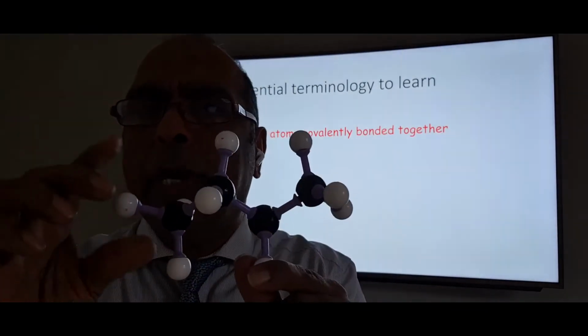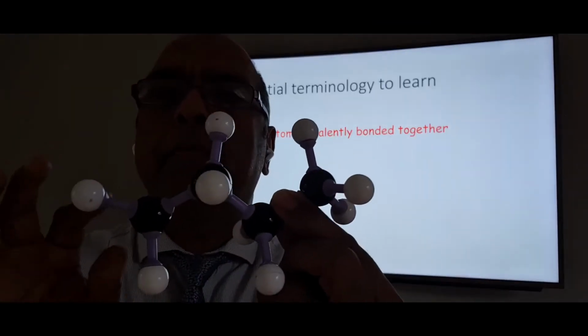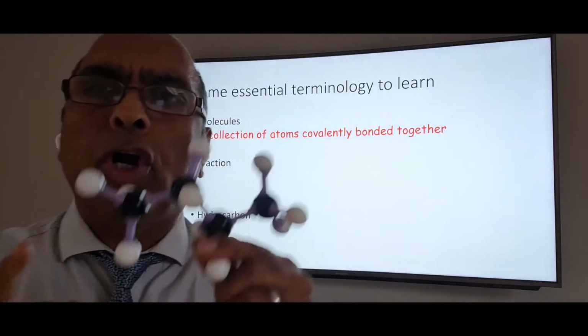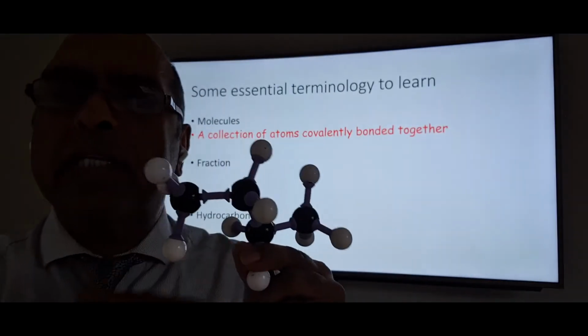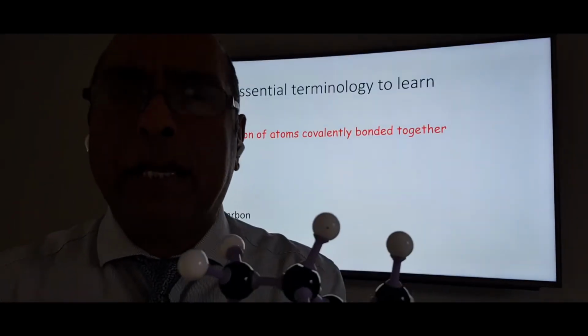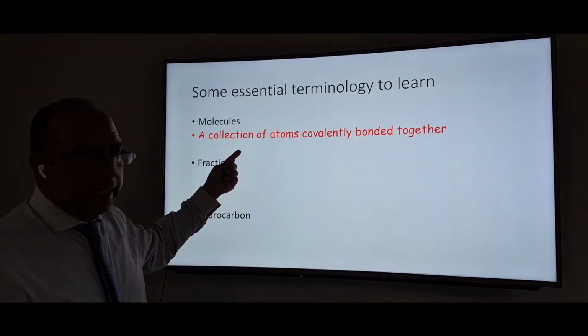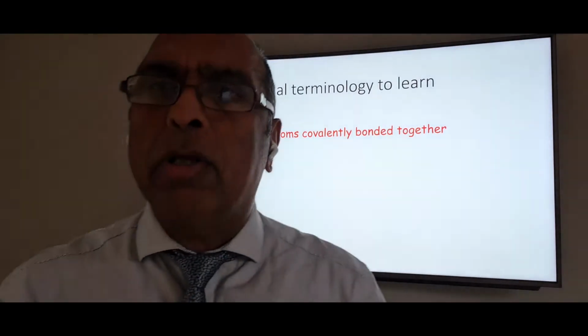The hydrogens are white and the carbons are black, and the purple bonds are the covalent bonds. So where you've got covalent bonds holding together, in this case 14 atoms, that whole collection of atoms covalently bonded together is a molecule.